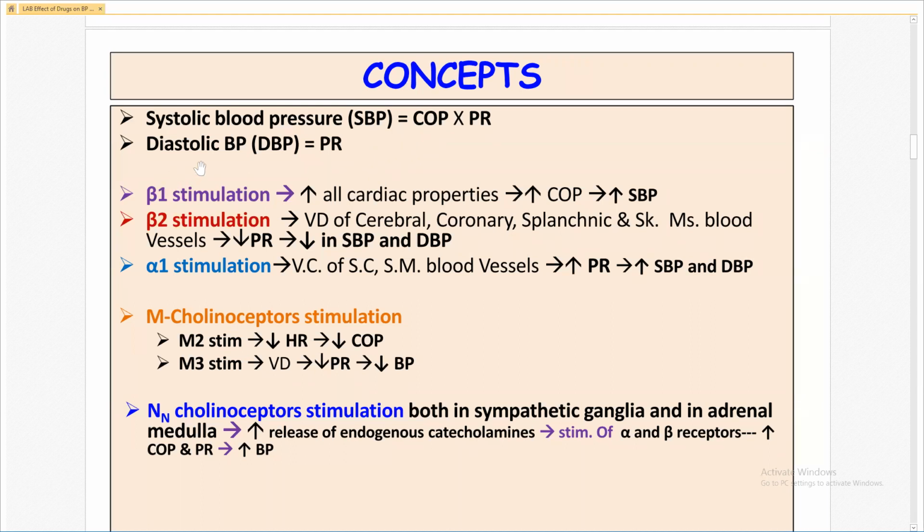Beta adrenergic receptors consist of two subtypes, beta 1 and beta 2.